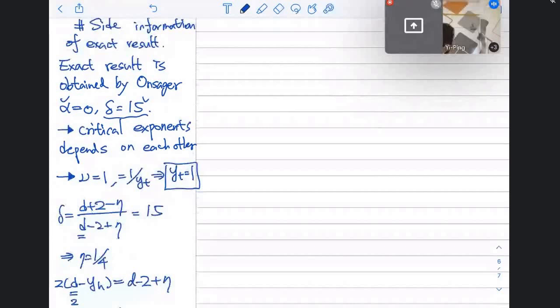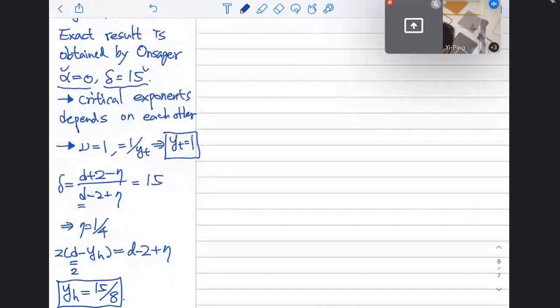Instead, we are assuming that we know Onsager's solution, and that it gives us two critical exponents, y_t and y_h. Here I'm just quickly showing you the value of y_t and y_h. The reason we want to use that is because we want to make a comparison. It doesn't require you to solve it exactly. If we are using RG instead of solving the model directly, can we get something that's close to this value of y_t and y_h? That's the goal that we are trying to achieve.